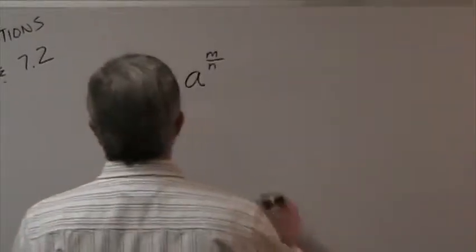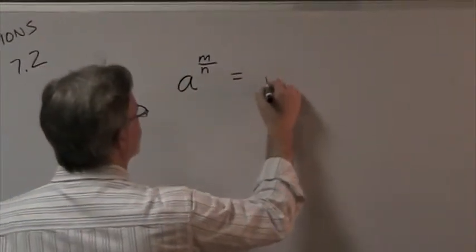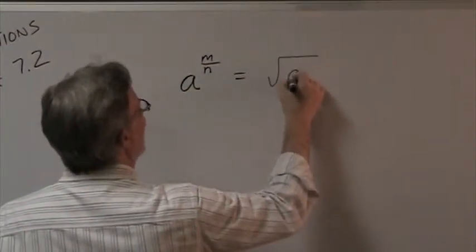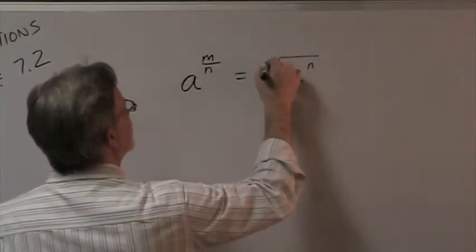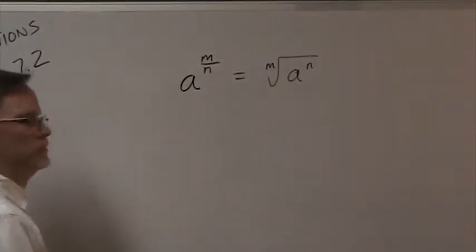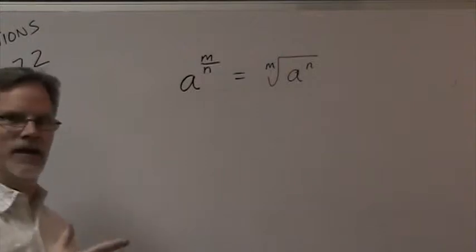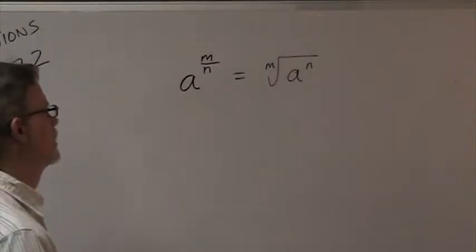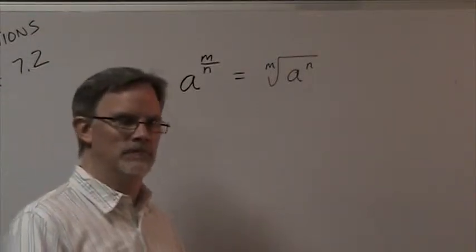And when we look at this whole idea of a to the m over n, that is the same thing as the nth root of a to the m. Okay? That's the same thing. All right?